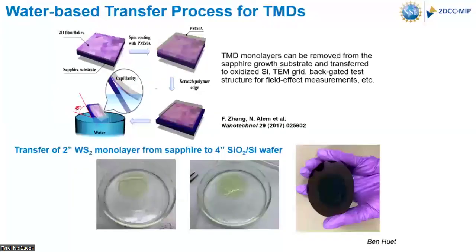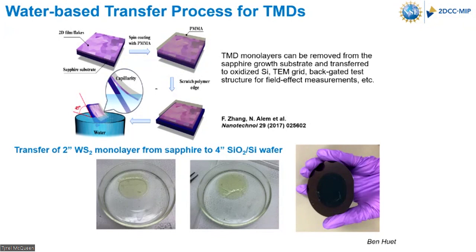A common method, and the one that we typically use, is this water-based transfer. The way this works is you have your growth substrate, you spin coat PMMA on the surface, you scratch around the edges, and then you immerse your sample in water or maybe a dilute sodium hydroxide solution.